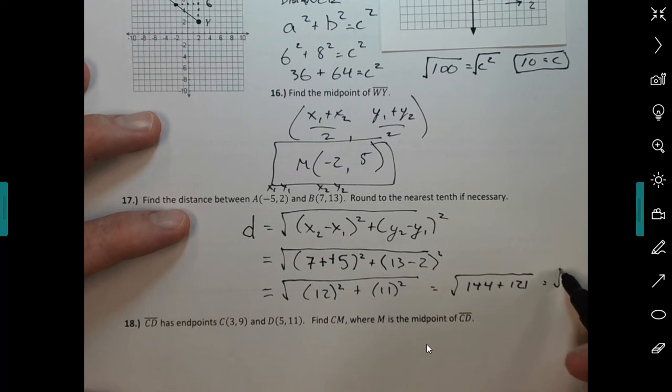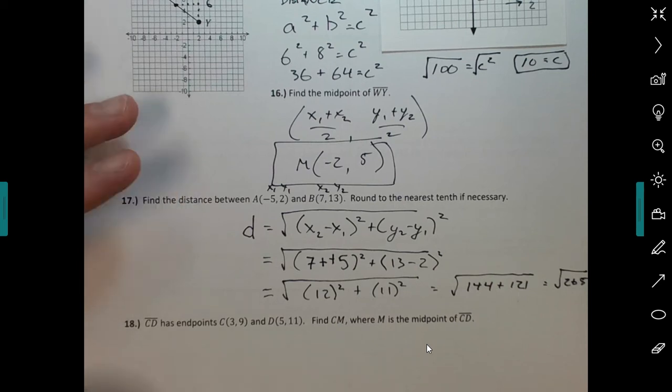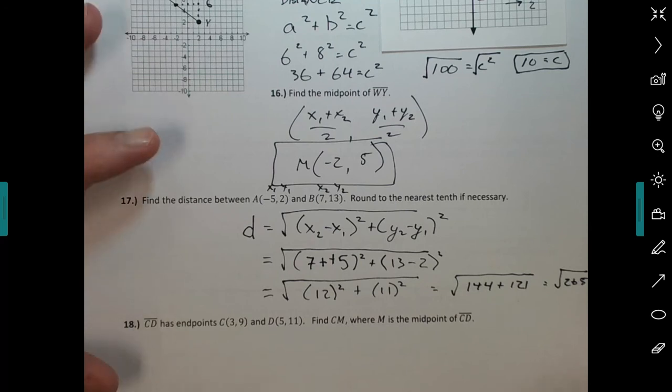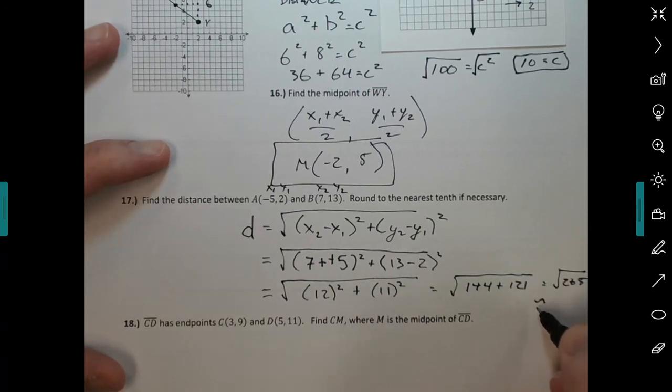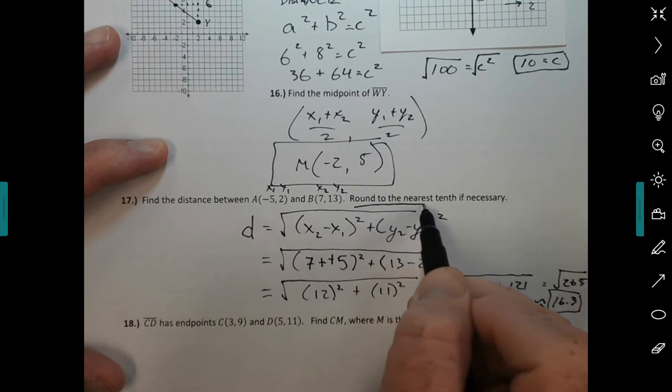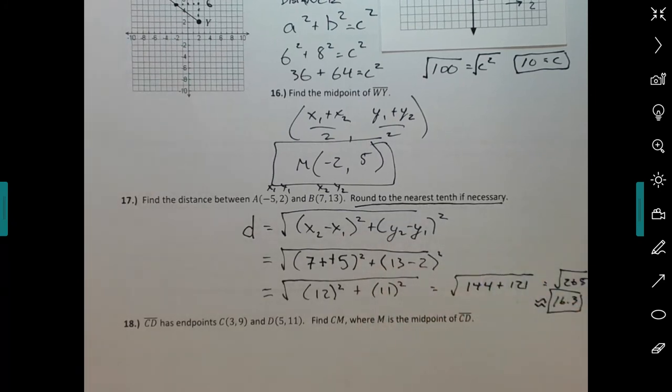Which means I need to find the square root of 265. So, if I pull up a calculator, I'm doing 265, and I need the square root. We're about equal, not exactly, about equal to 16.3. It did say round to the nearest tenth if I needed to.